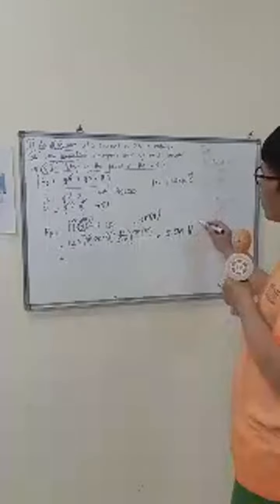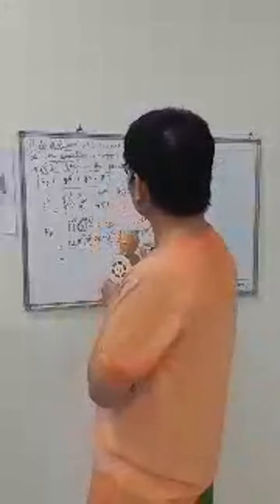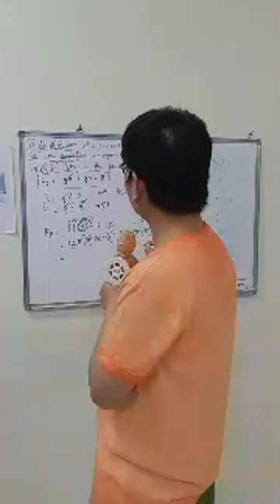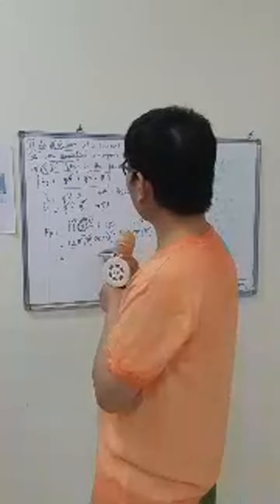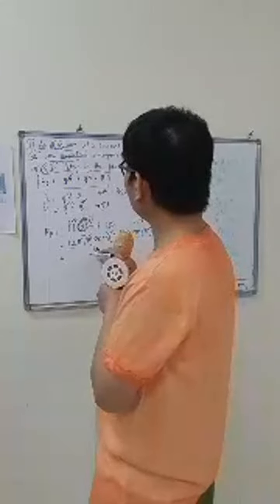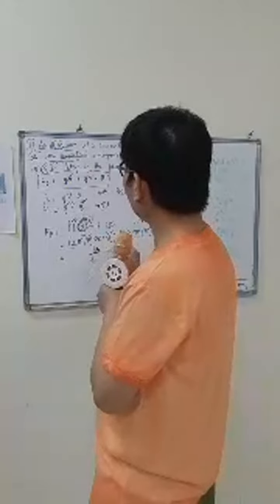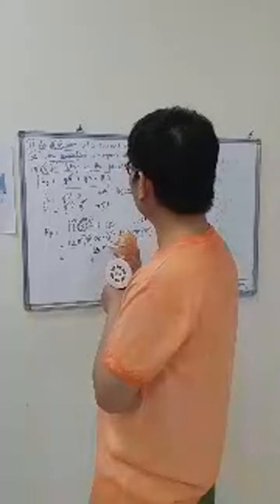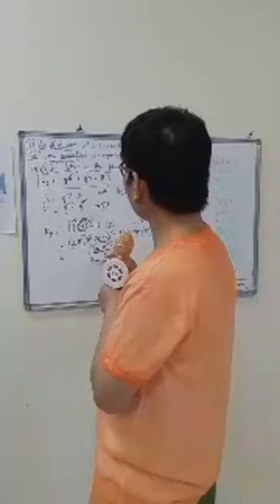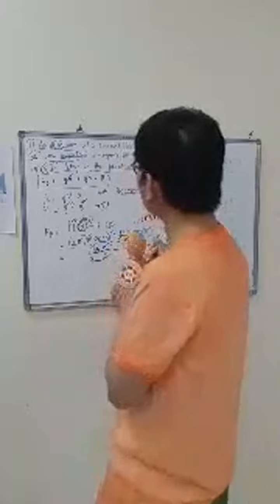And let's show why it is a Newton. The ampere cancels. So this is going to be kilogram meter per second squared. Kilogram meter per second squared is Newton, that's why.